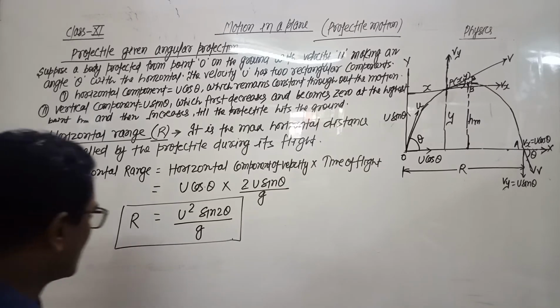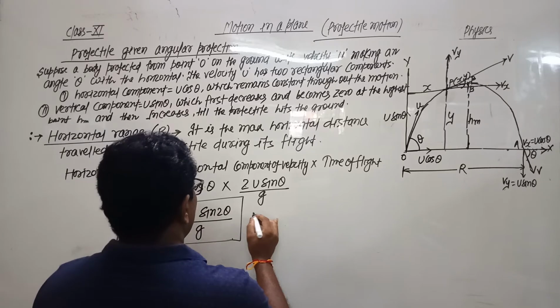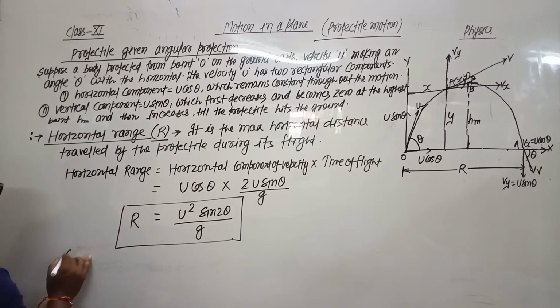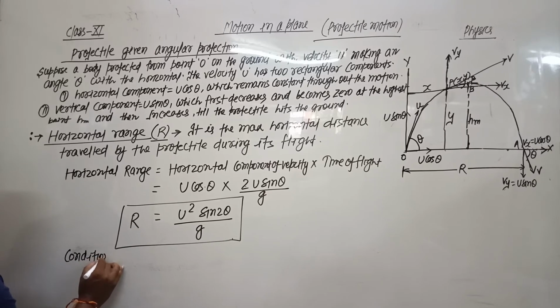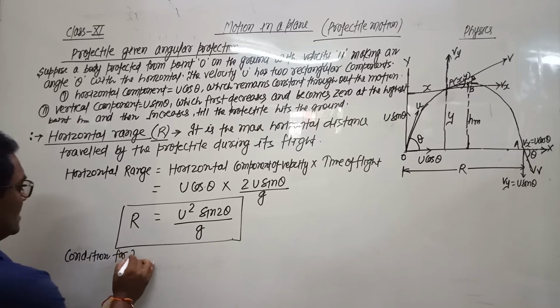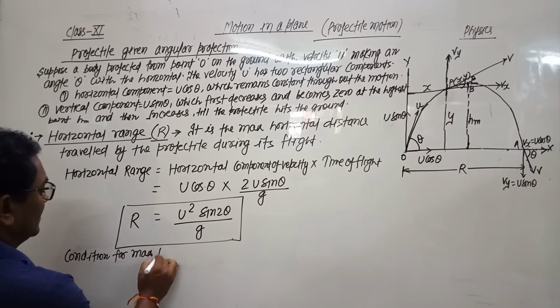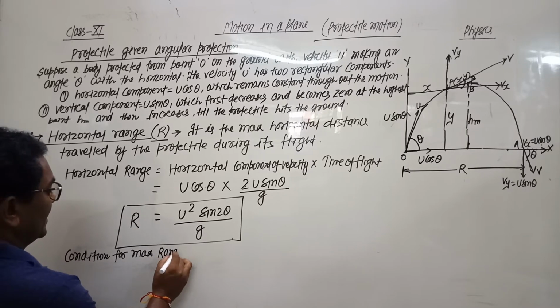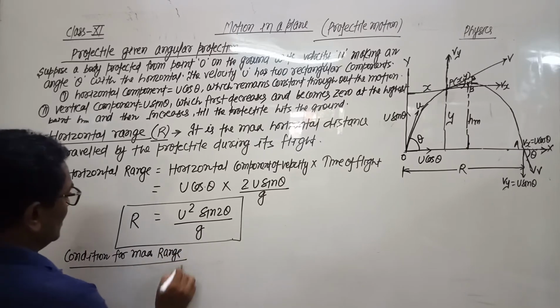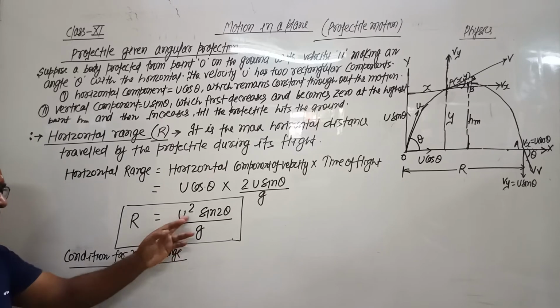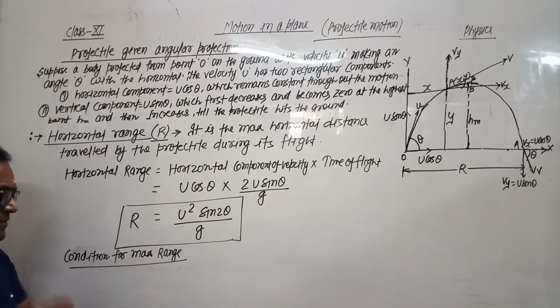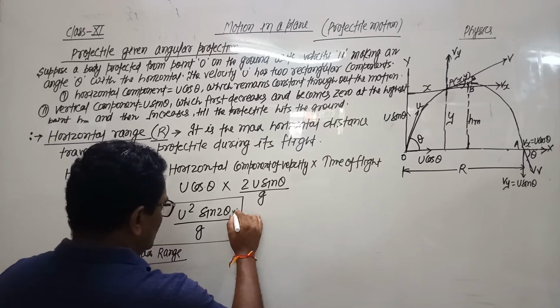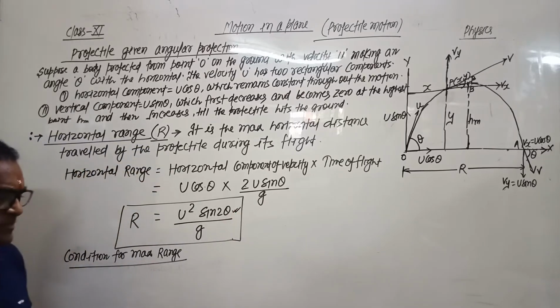Now the condition for maximum range. So the value of u is constant, g is constant. For getting the maximum range, the value of sin 2 theta must be maximum.